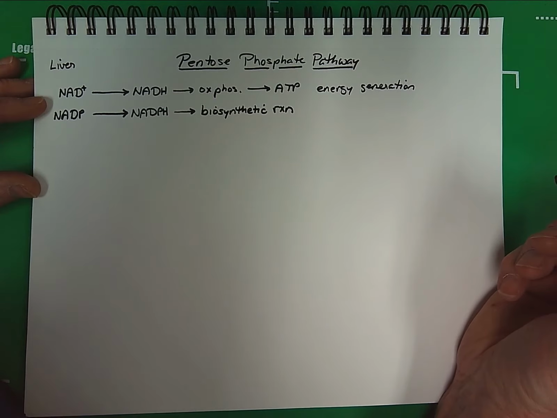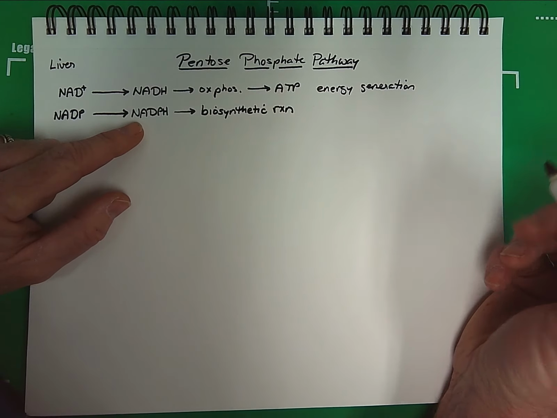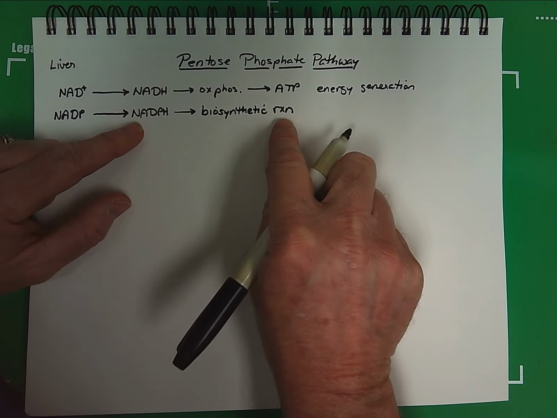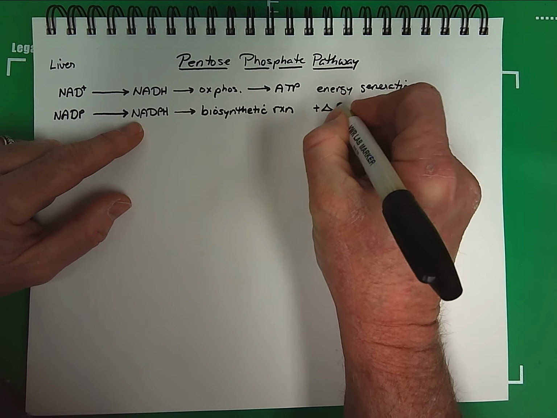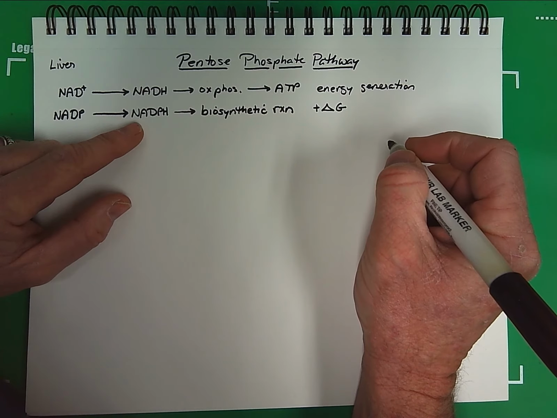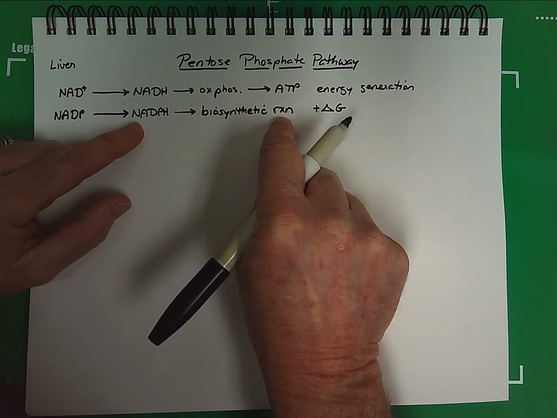Now, why do we need NADPH in biosynthetic reactions? Recall that in order to create a larger molecule, this is going to be a positive free energy change, because we are constructing bonds. In order to construct these bonds, we need to put energy into the reaction.